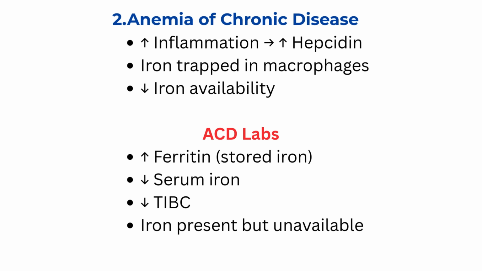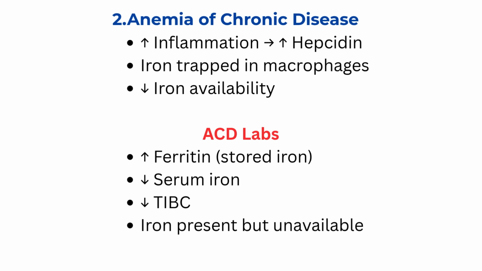2. Anemia of chronic disease, ACD. In anemia of chronic disease, inflammation increases hepcidin, which traps iron in storage. So, in short, increased inflammation leads to increased hepcidin, leading to iron trapped in macrophages, which eventually leads to decreased iron availability.